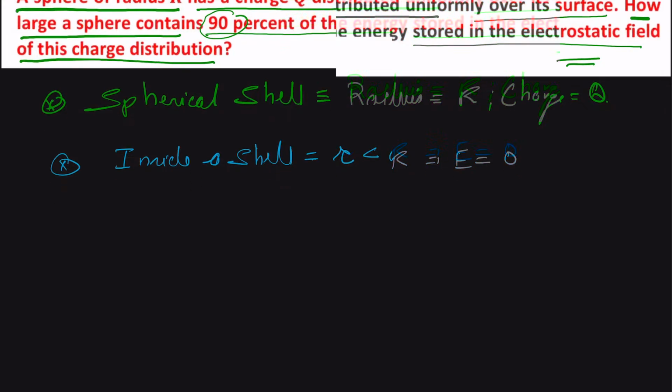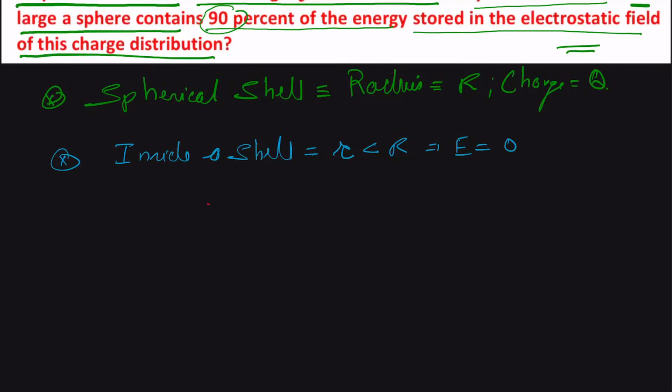And if the value of electric field is equal to 0, therefore from here we can say that no energy will be stored. Okay, so we can say the energy stored will be equal to 0 inside the shell.